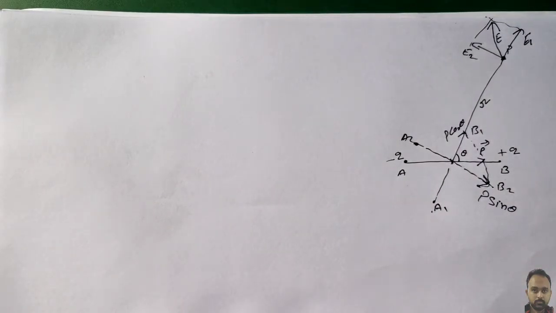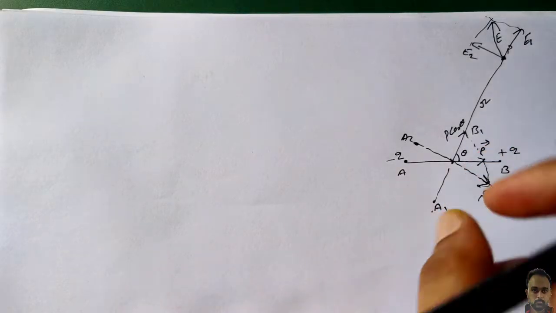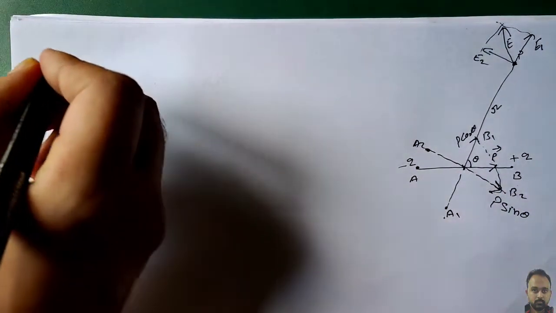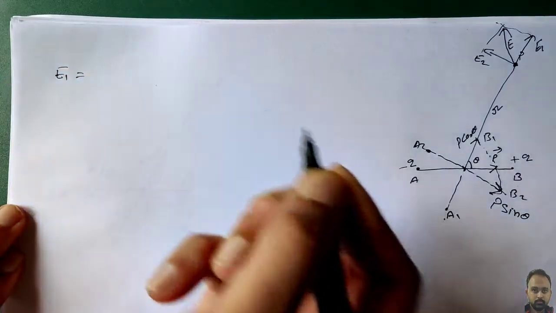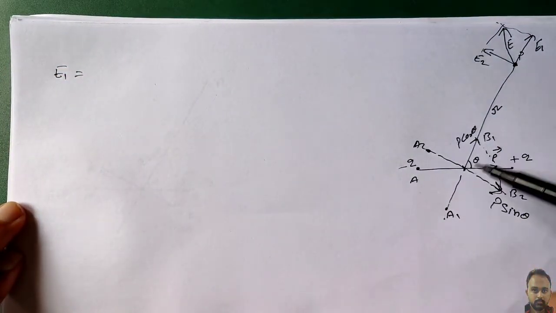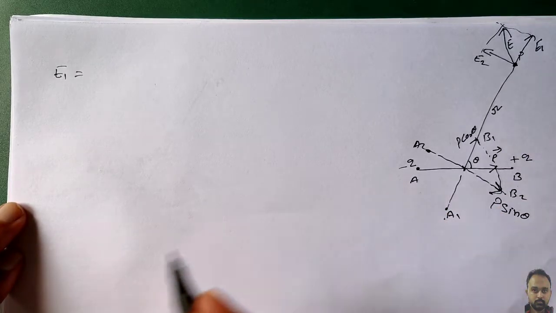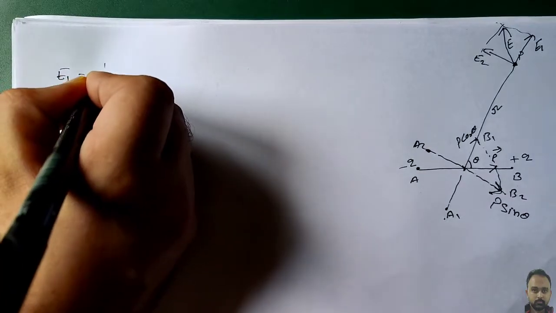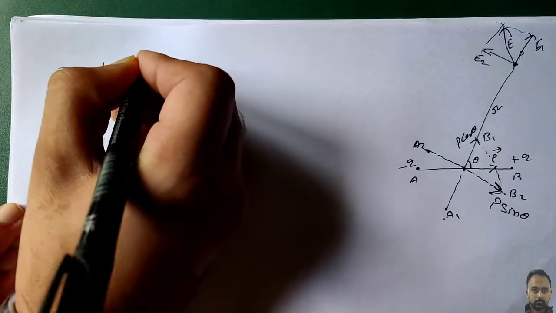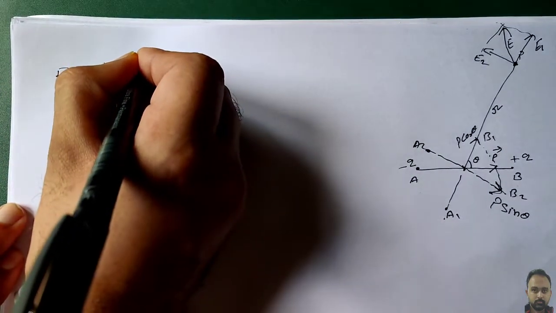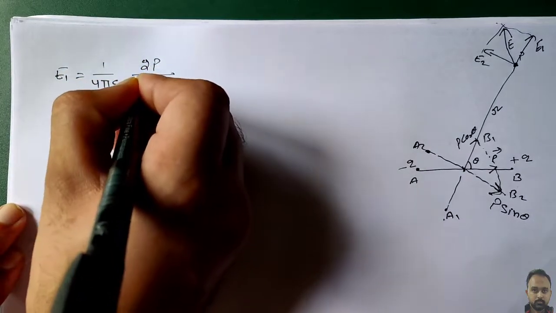Now this becomes very easy because we can write E1, which is due to A1B1, the case of axial line. For the axial line, the expression for electric field was 1 over 4 pi epsilon naught, 2p over r cube.